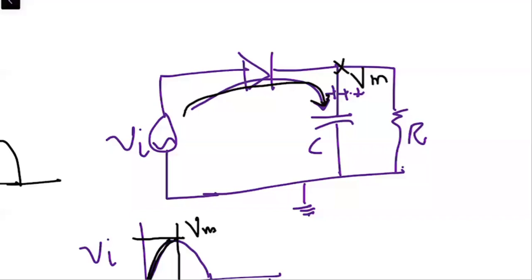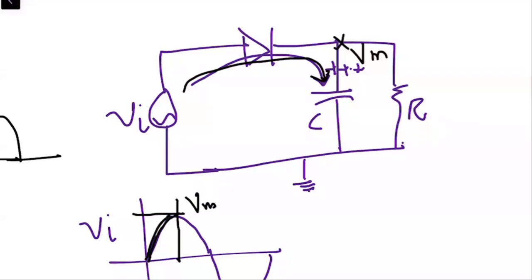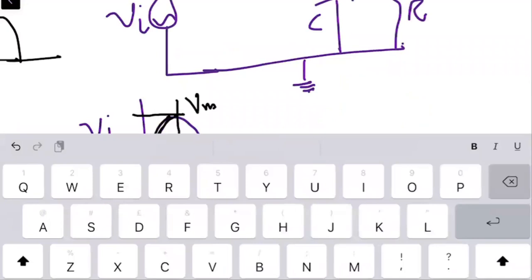So as the input voltage rises to the maximum value, the capacitor will be charged to its maximum value. Now, after the maximum value, the input will be reducing from its maximum value, right?